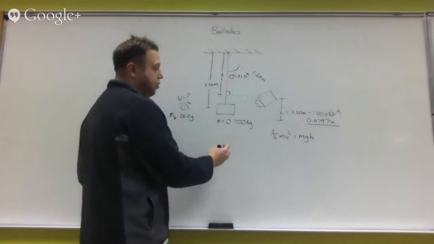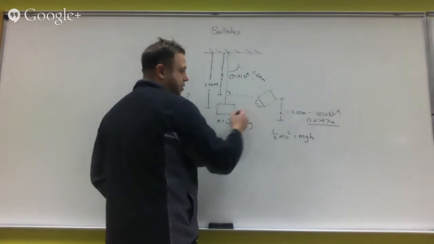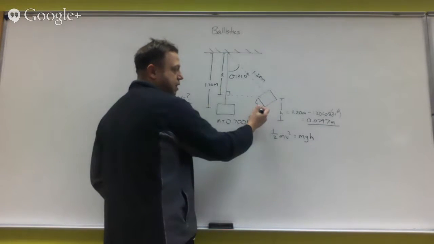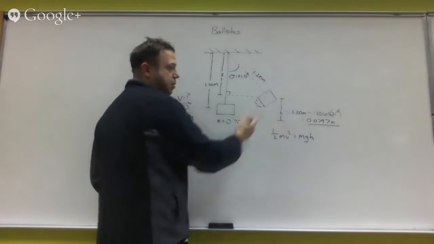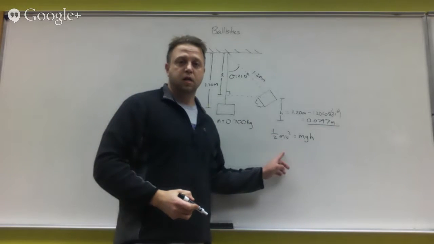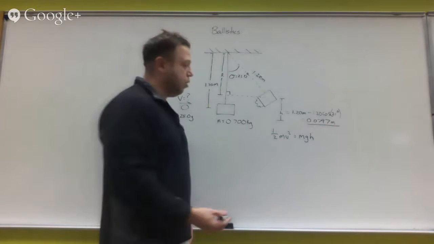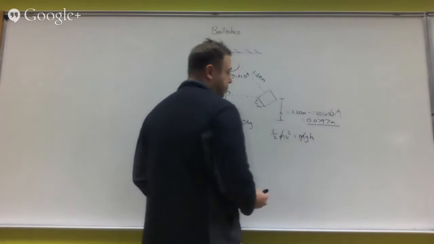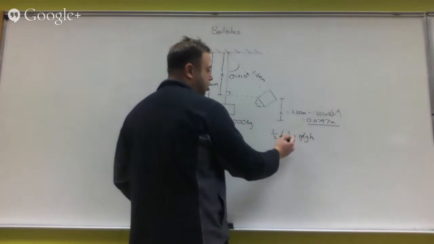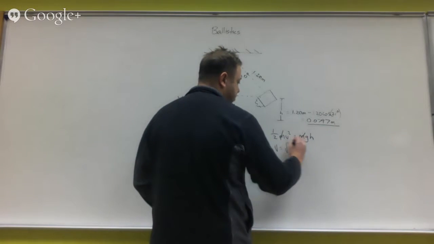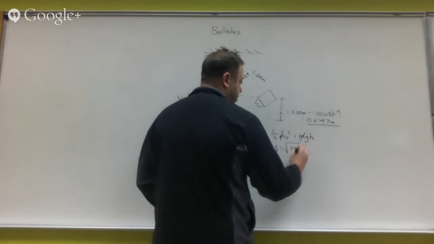So the mass throughout this entire problem is going to be equal to the mass of the putty and the mass of the pendulum, for both of these. So that means it's the same mass, so we can go ahead and cancel that out. All right, so we're looking for this velocity here. So v equals the square root of 2gh.